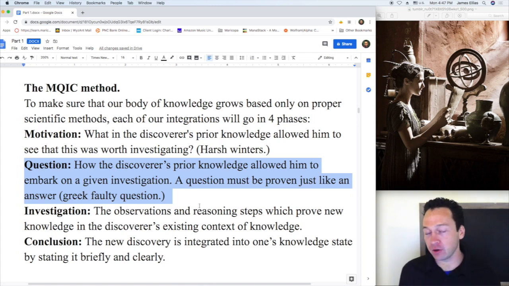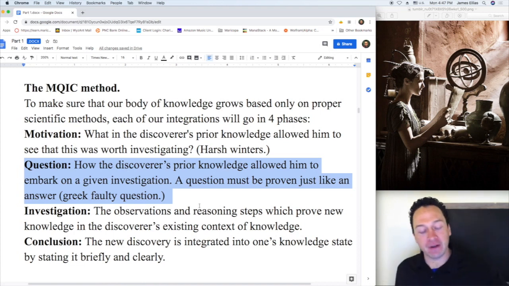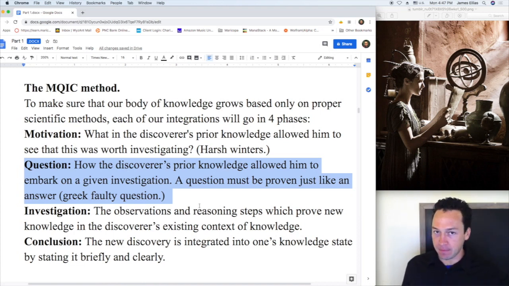So questions can be wrong. Questions can contain invalid assumptions. One example of this is that the Greeks at one point asked the question, why do the stars and planets move eternally? That's a question they would ask.